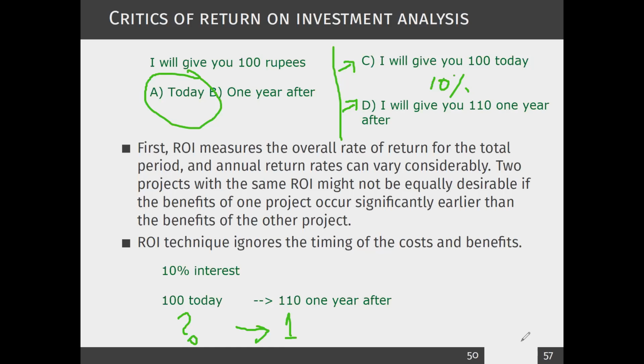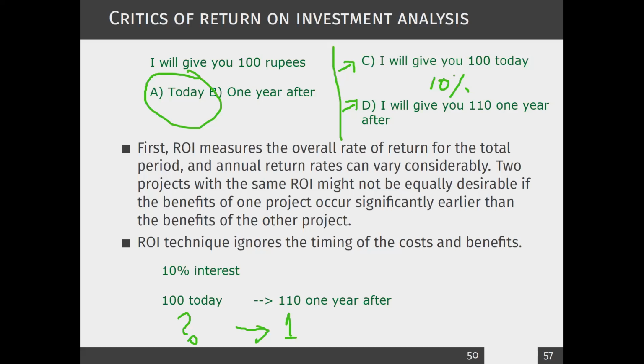Now to get 1, how much do you have to have today? To get 1, you have to divide by 110.